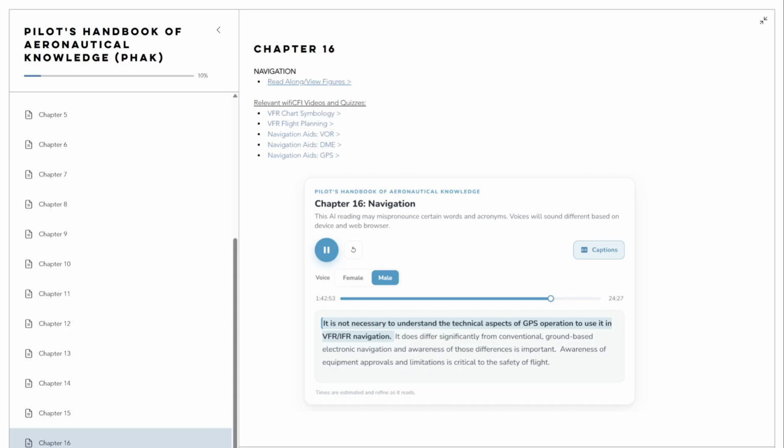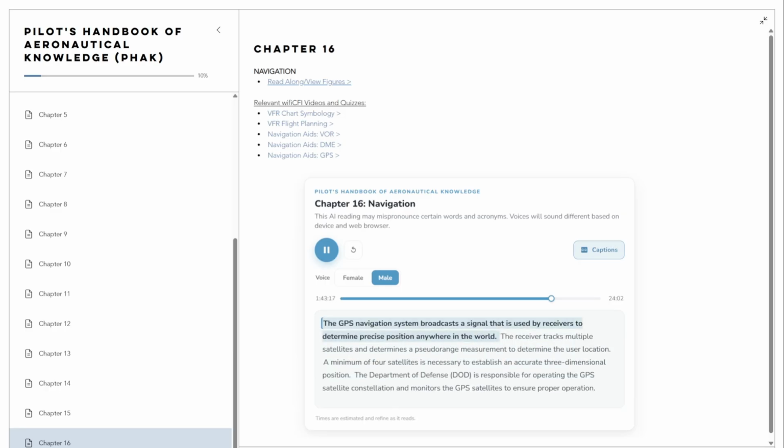It is not necessary to understand the technical aspects of GPS operation to use it in VFR, IFR navigation. It does differ significantly from conventional, ground-based electronic navigation, and awareness of those differences is important. Awareness of equipment approvals and limitations is critical to the safety of flight.